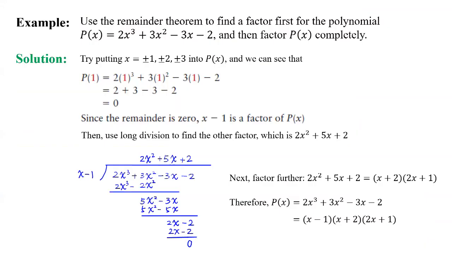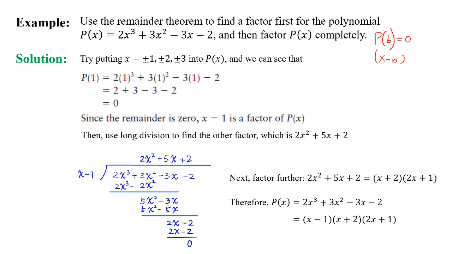All right, let's see an example. Use the factor theorem to find a factor first for the polynomial p(x) and then factor p(x) completely. Okay, so according to the factor theorem, if we can find a number, for example b, that makes p(b) equal 0, then x minus b must be a factor of p(x), right?